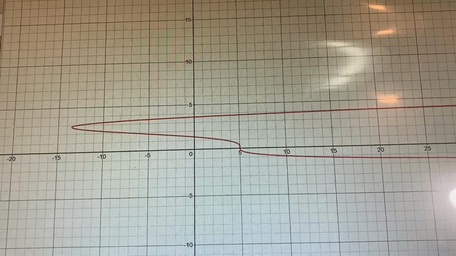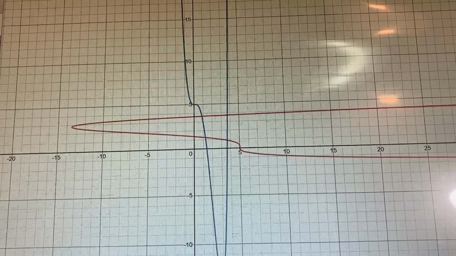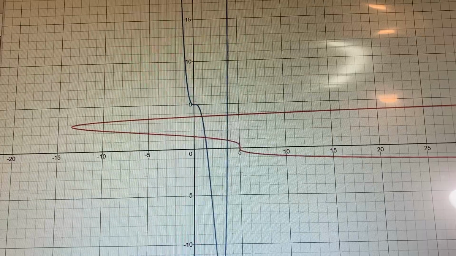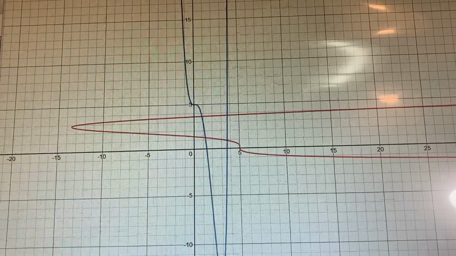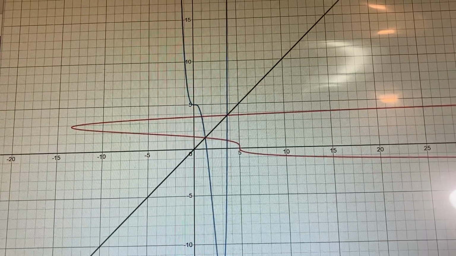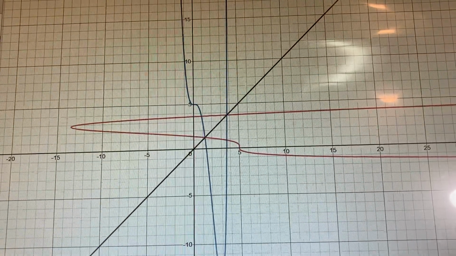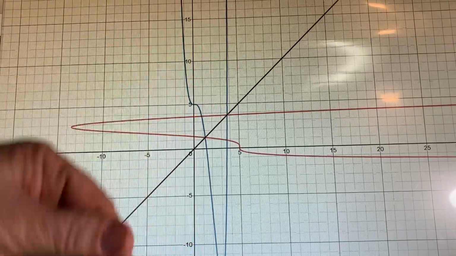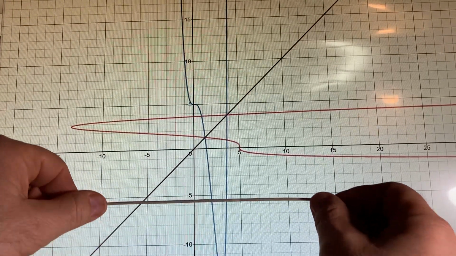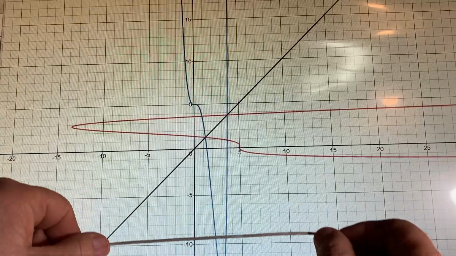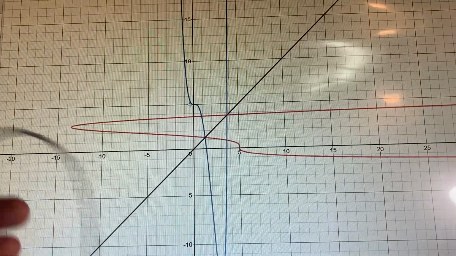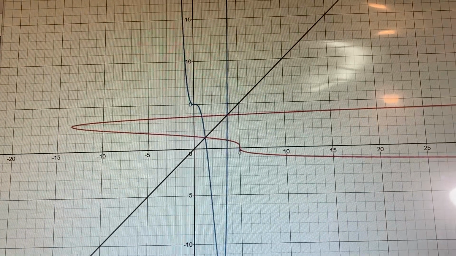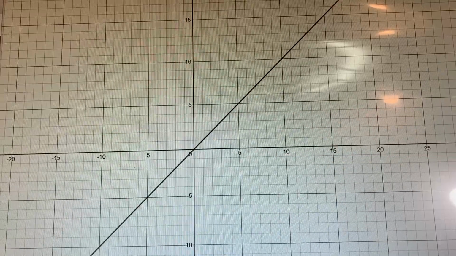If you took the inverse, that's the inverse. Where's the y equals x line? There you go. They're just mirror images of each other. This would be the inverse, but it doesn't pass the horizontal line test, so you cannot get the inverse. It would not exist. Keep that in mind.